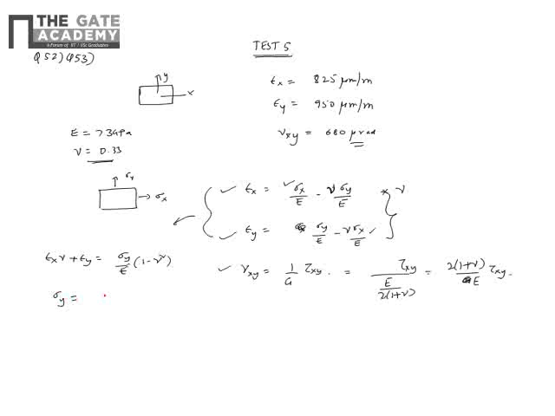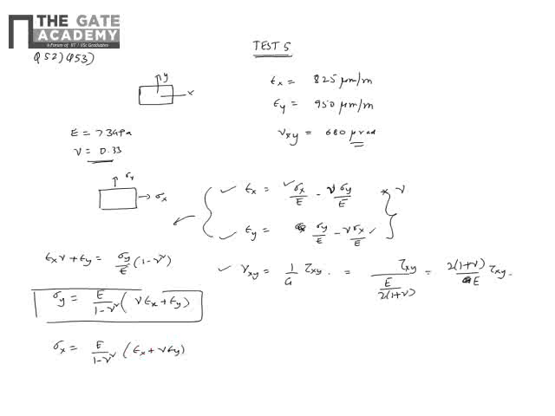So sigma y will be E by (1 minus nu square) times (nu epsilon x plus epsilon y). This is your expression for sigma y, and sigma x similarly will be E by (1 minus nu square) times (epsilon x plus nu epsilon y).